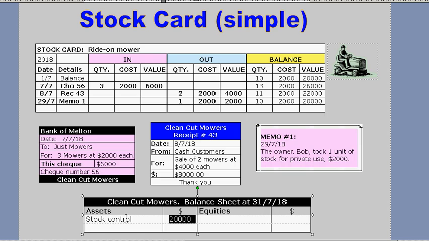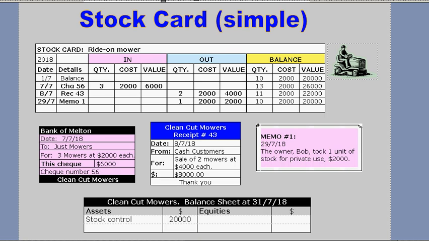Bunnings, for example, would have hundreds if not thousands of different lines of stock, and so the stock recorded in the balance sheet would equal the summation of all the individual stock cards. In this business, 1 stock card, and that total $20,000 equals the total reported in the balance sheet at that date, $20,000.